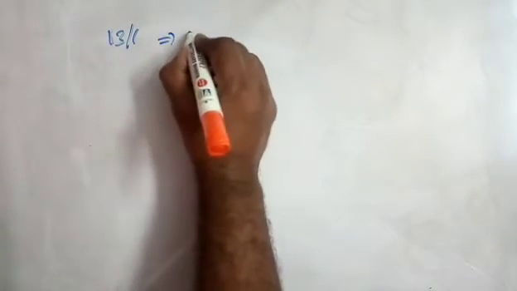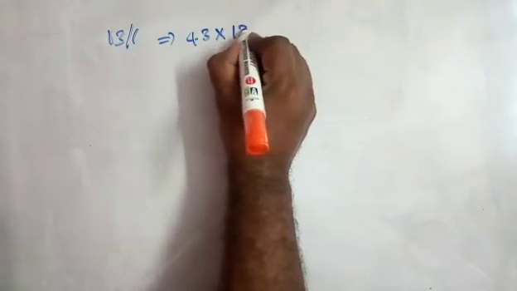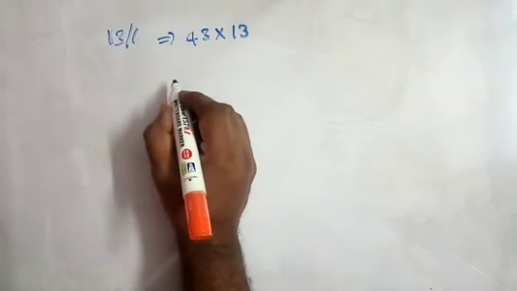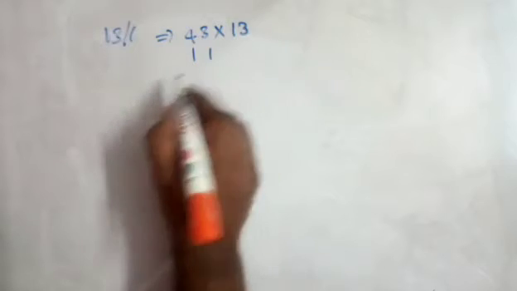For example, if it is the number 13. If the number is multiplied by 13, for example, if I take 43, how will 43 be multiplied with 13? So what I am going to do here is, I will take 4 is there, 3 is there.